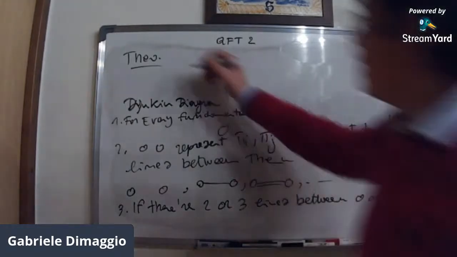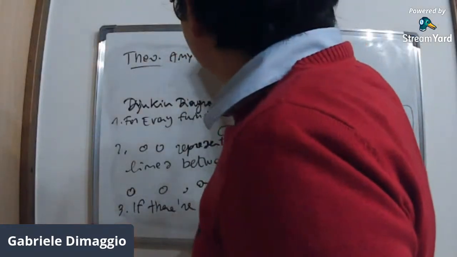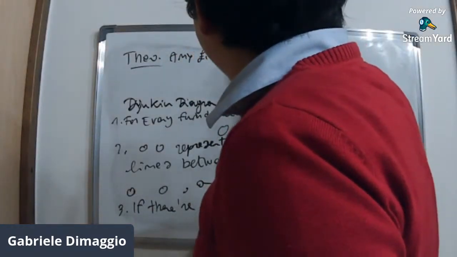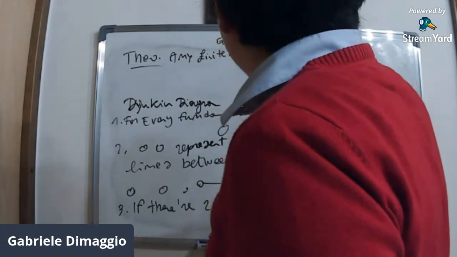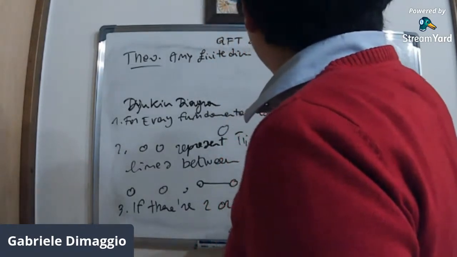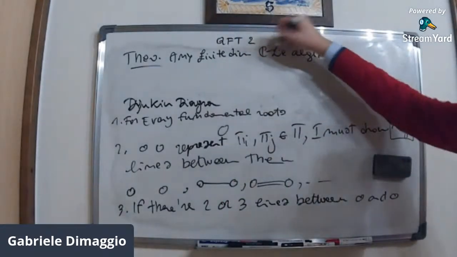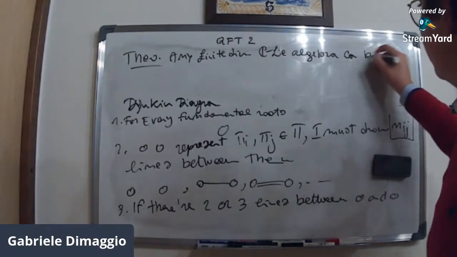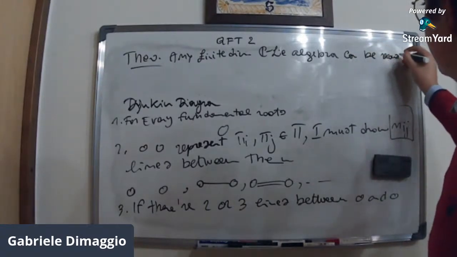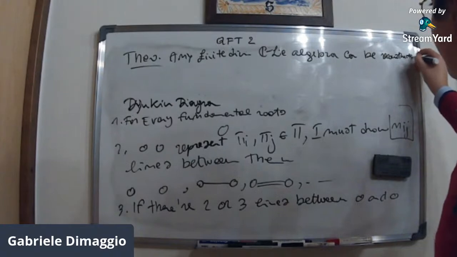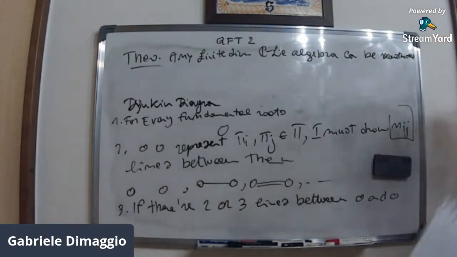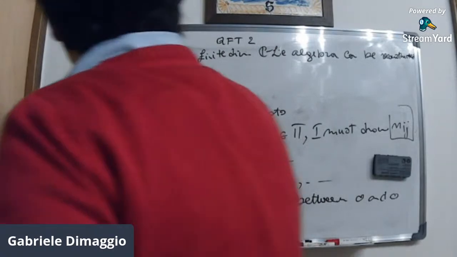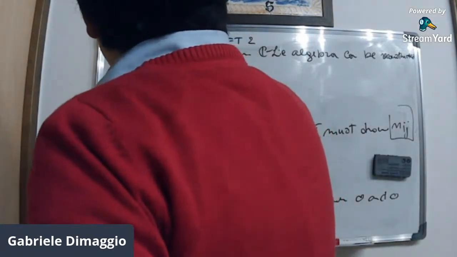Any finite dimensional Lie algebra constructed over the field C can be reconstructed from its set pi.